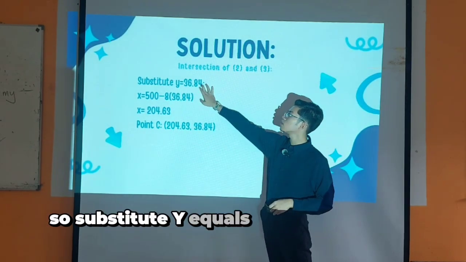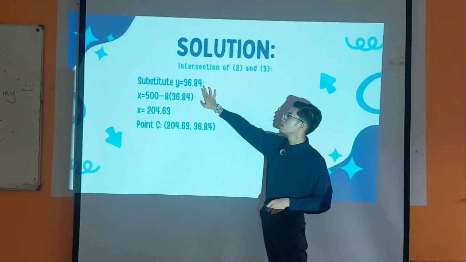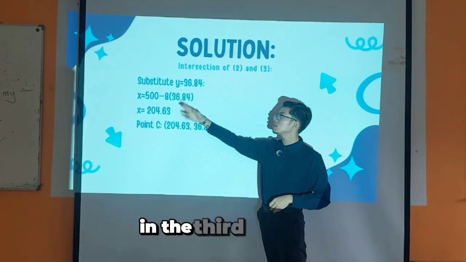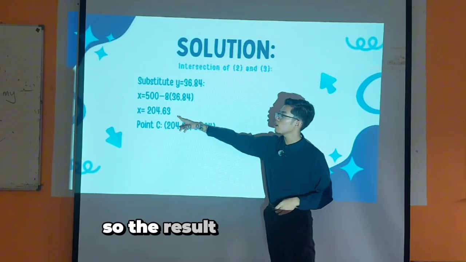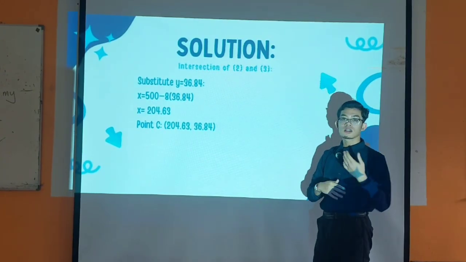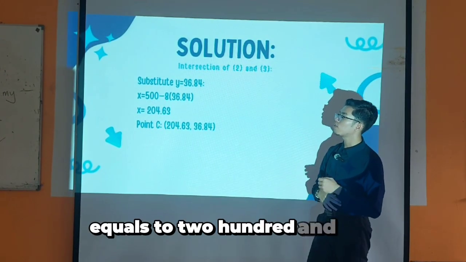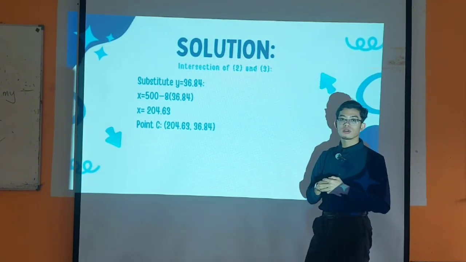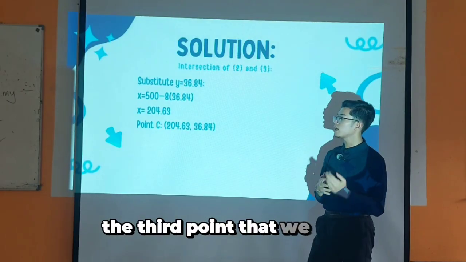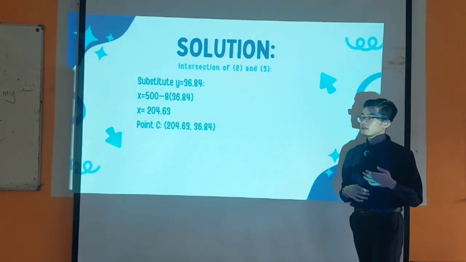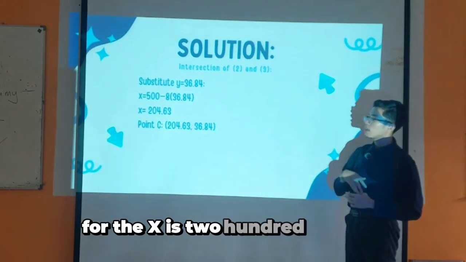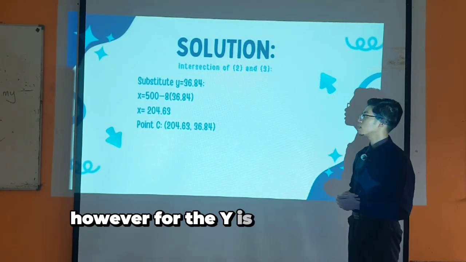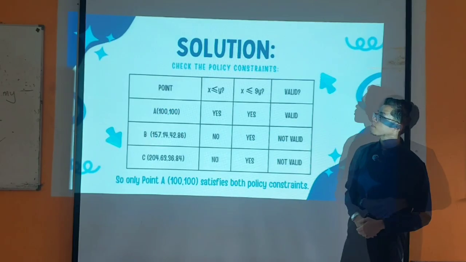Substitute y equals 36.84 in the third equation, and the result is x equals 204.63. So for the third point, x is 204.63 and y is 36.84.